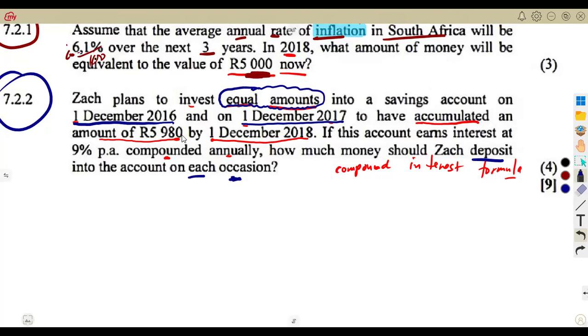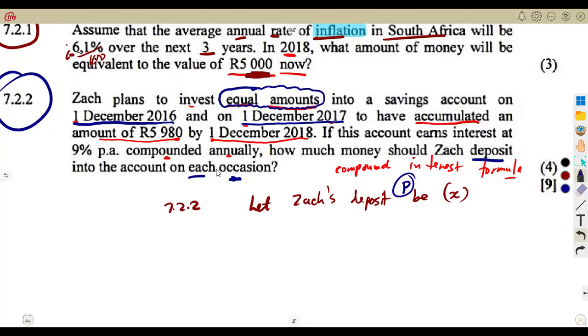Meaning to say, whatever he deposited on 1 December 2016 is the same as what he deposited on 1 December 2017. So let us say the amount he is depositing is X, so that we do not have confusion with our calculator. You can leave it as P, but let's call it X. Let the deposit be X, the principal.